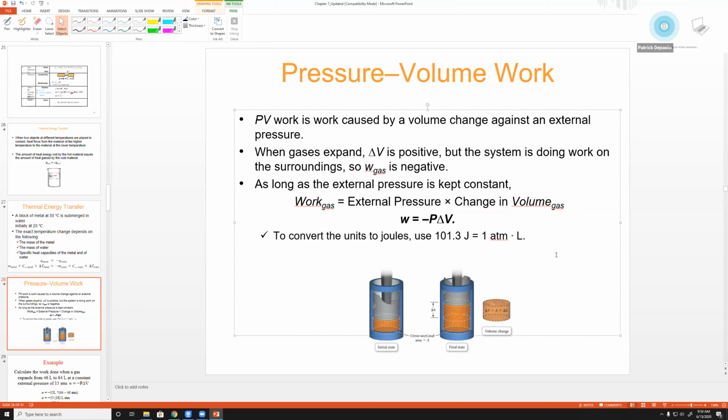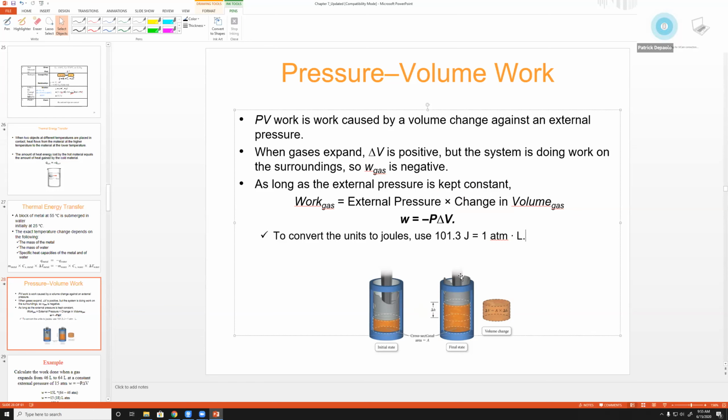So let's say something's being expanded, right? Let's say this gas is exerting a lot of pressure on the piston, and the gas pushes on the piston and does work on the piston by increasing the volume of the gas and moving the piston along a distance. That is doing work.